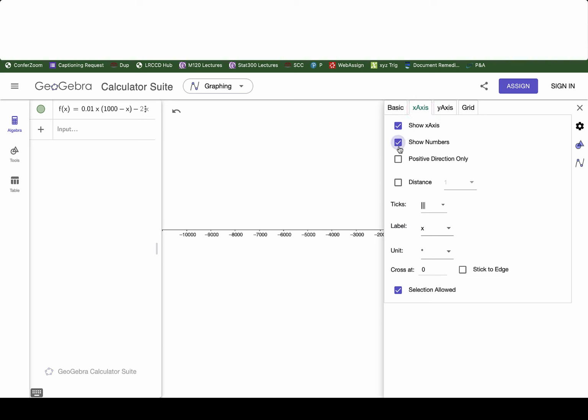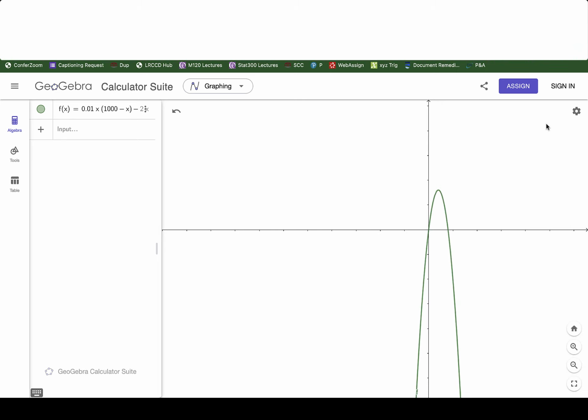On the x-axis, I'm going to uncheck Show Numbers. And on the y-axis, I'm also going to uncheck Show Numbers. And that's all we really need to do to adapt the phase plot we had before to a more general one.